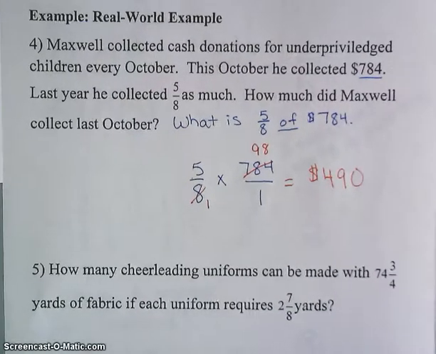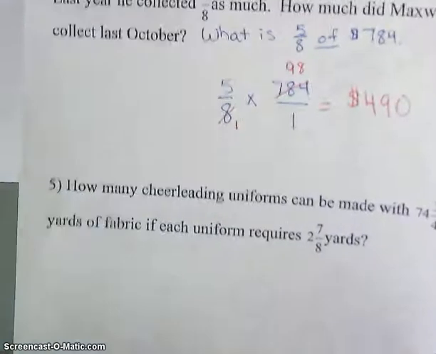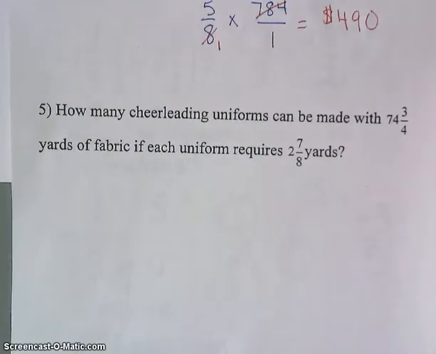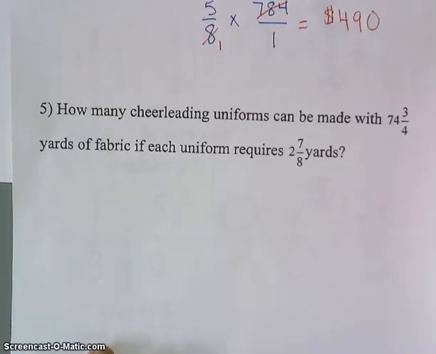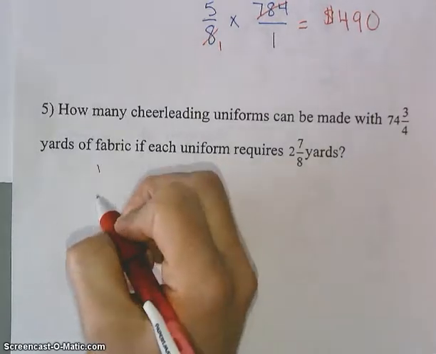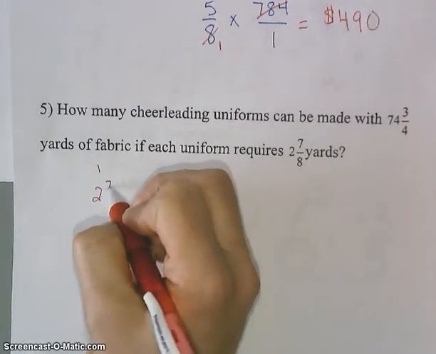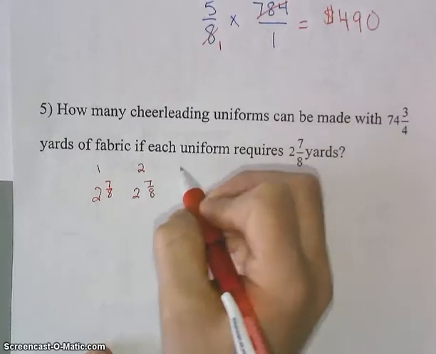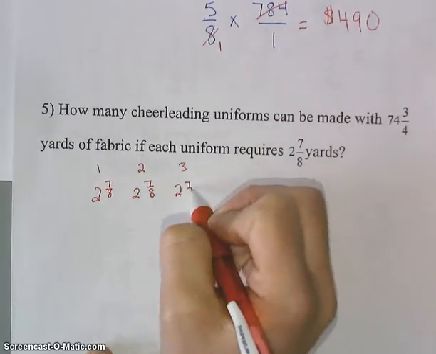Let's look at number 5. It says, how many cheerleading uniforms can be made with 74 3/4 yards of fabric if each uniform requires 2 7/8 yards? Well, I could look at this problem and I could say, okay, one cheerleading uniform is going to be 2 7/8. The second one is going to be 2 7/8. The third one is going to be 2 7/8.